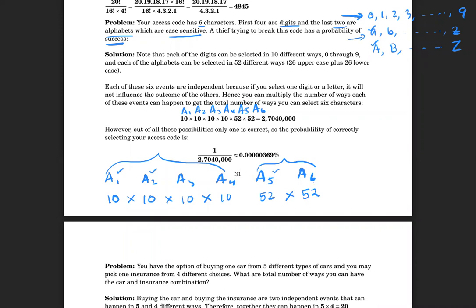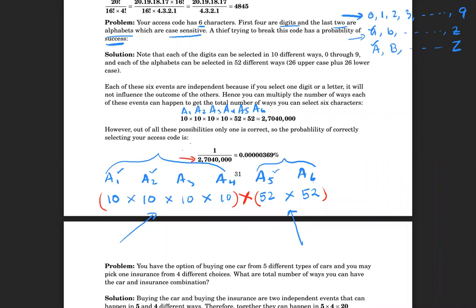Now, this is the number of ways you can select the digits, and this is the number of ways you can select the alphabets. Together, you just multiply this with that.